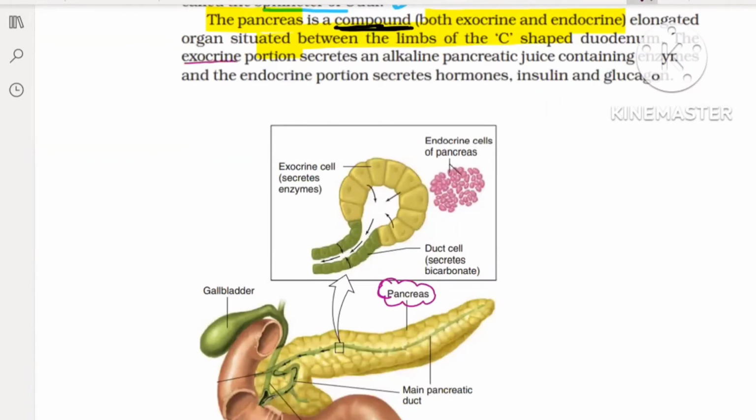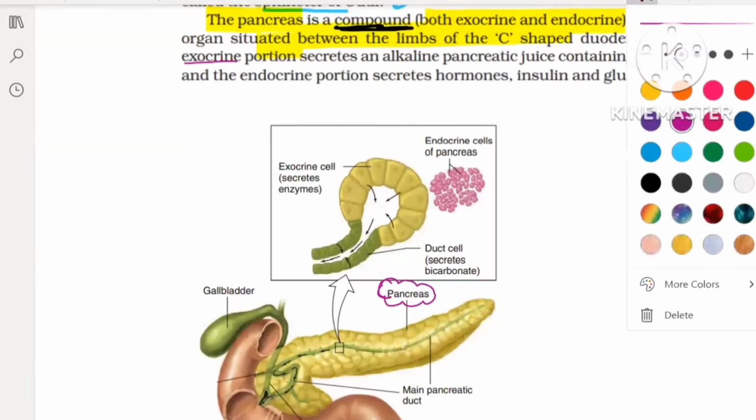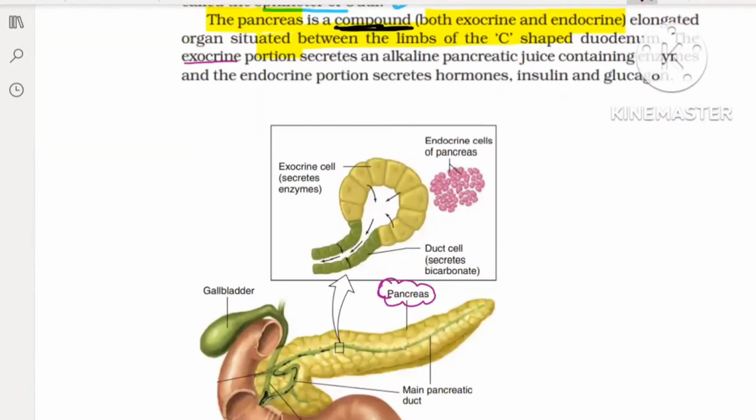The exocrine portion will secrete alkaline pancreatic juice. So this is an exocrine part, and these exocrine parts are secreting enzymes. And the enzyme is coming out through the duct. Okay, and this is the main duct.